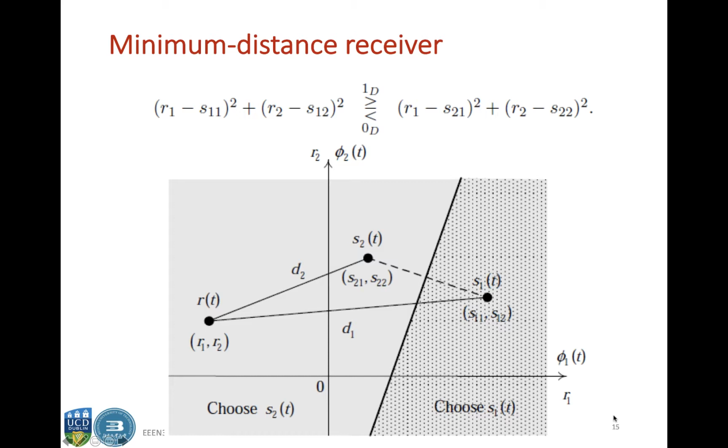So in the last class, we were discussing the optimum receiver for binary communication, and we derived that the optimum receiver in the presence of additive white Gaussian noise is nothing but a minimum distance receiver that minimizes the probability of error.